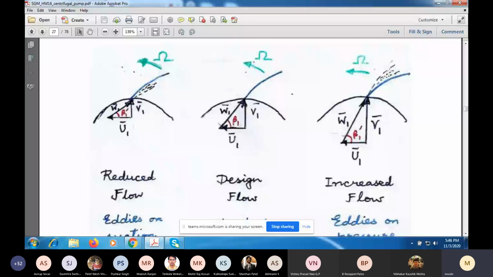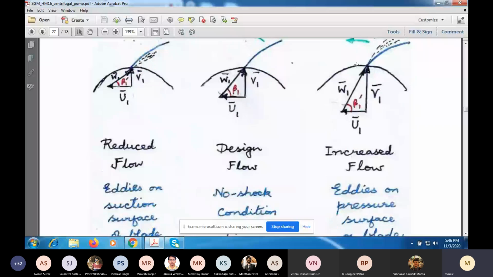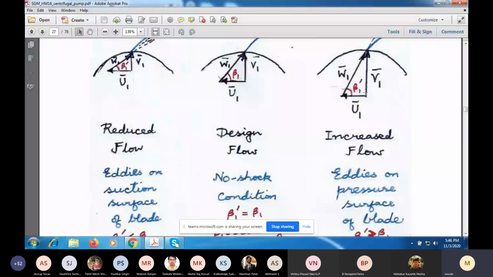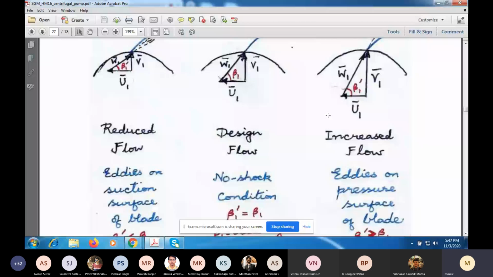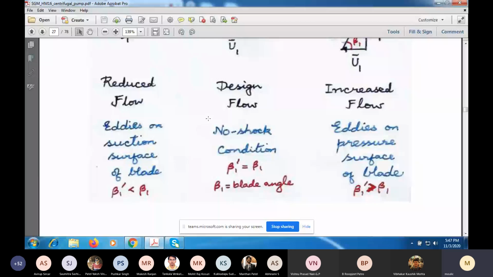So we'll say that the middle case is a no shock condition, and the left case and the right case, depicted by these two figures on the left and right, are the cases with shock. If I say beta 1 prime is the actual angle between W1 and U1, then in the design flow condition, beta 1 is the blade angle beta 1.